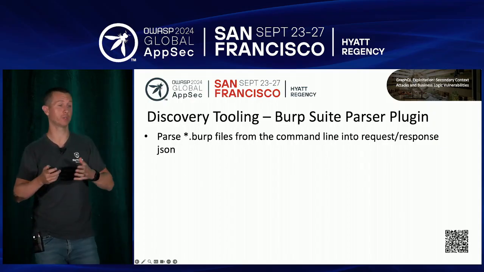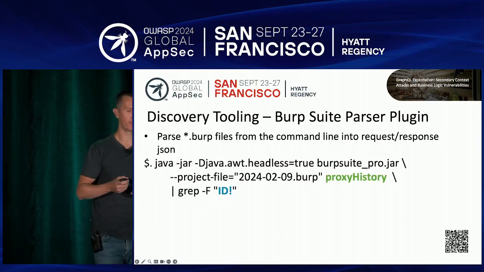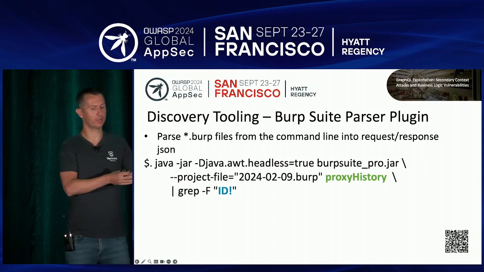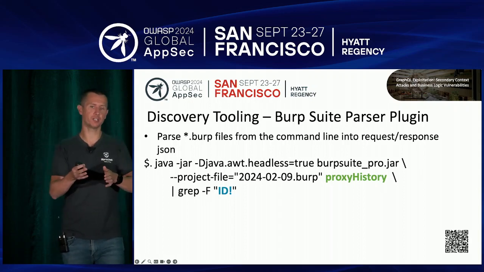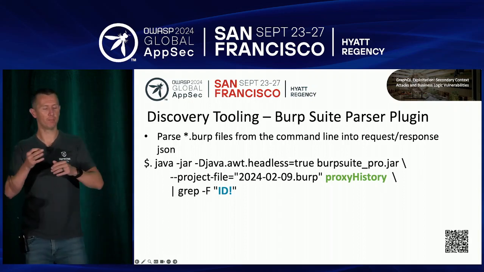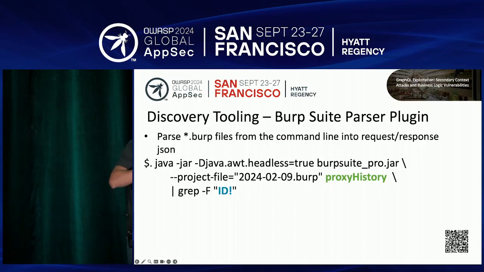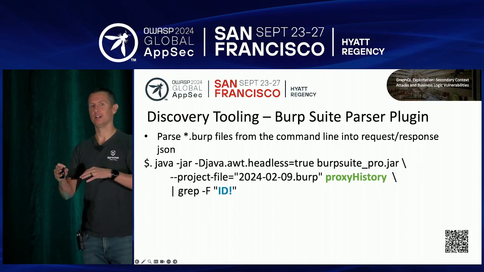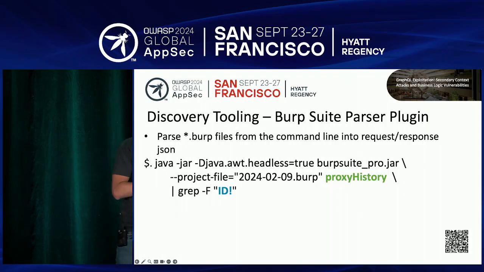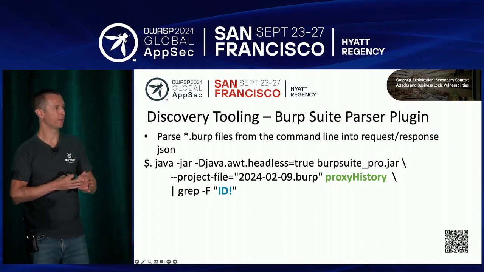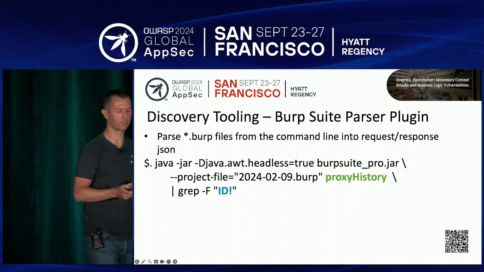In this case, we would care more about request JSON. But for example, you could take a Burp Suite file from February, pull out the proxy history as JSON, and parse for just the scalar ID!, and really easily find, hey, is there an opportunity for secondary context attacks in an old Burp file, in an old assessment that I might want to go back and test for.